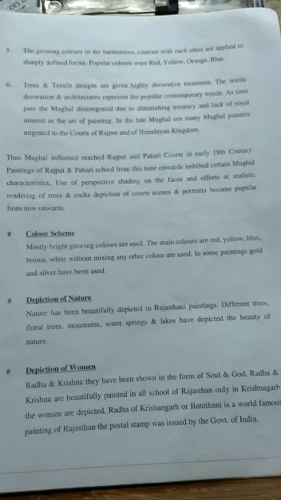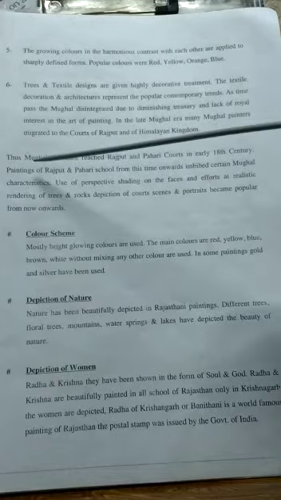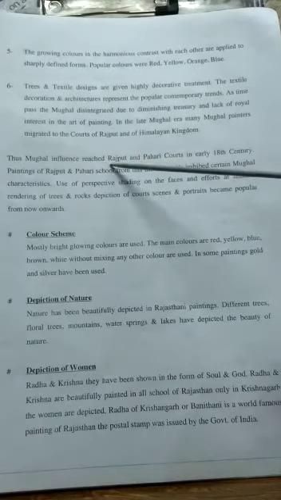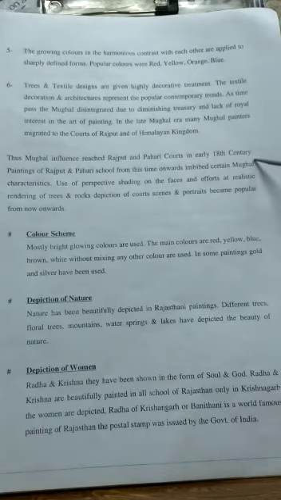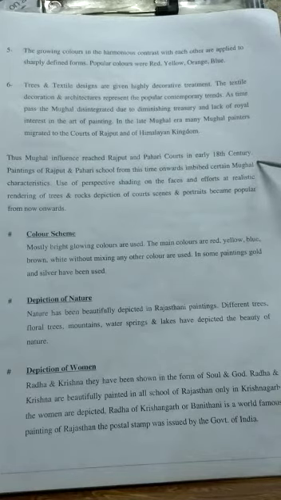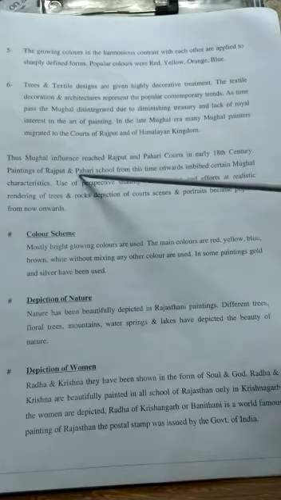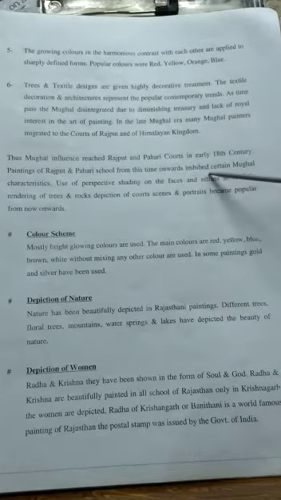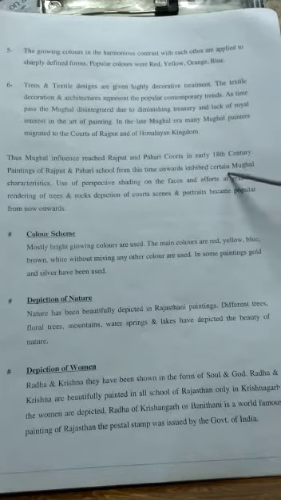With his army, such type of people were also there. So the Mughal influence reached Rajput and Pahadi court in early 18th century. From this time onward, some of the Mughal painting qualities were imbibed in the Rajasthani paintings.